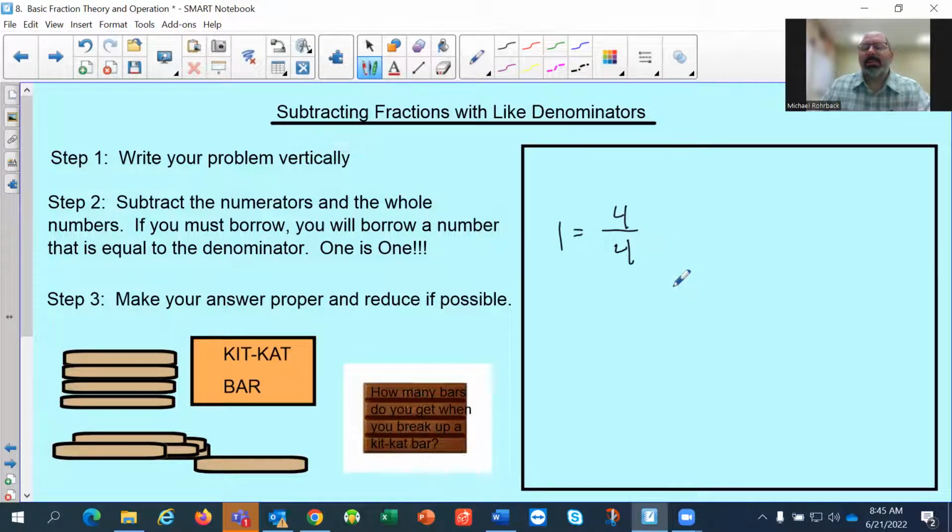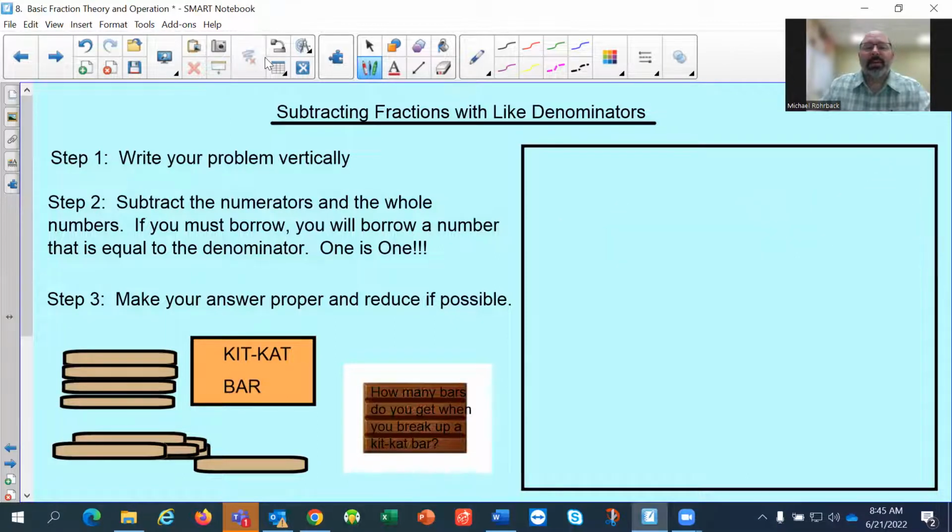So once we get to the 4th piece, we have an entire Kit Kat bar. You could have 1 out of 4 pieces, or 2 out of 4 pieces, or 3 out of 4 pieces. But as soon as you get to 4 out of 4 pieces, that is equal to 1 bar.